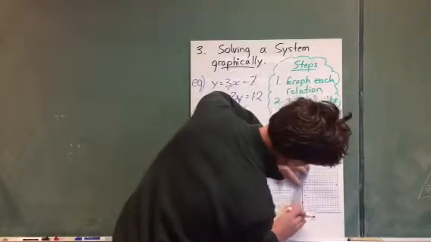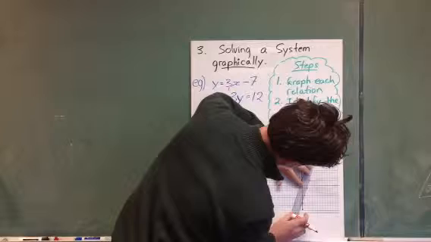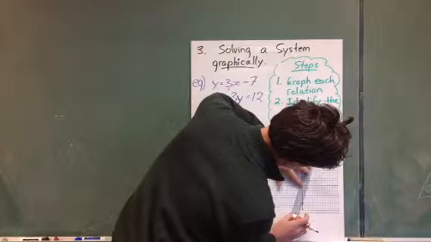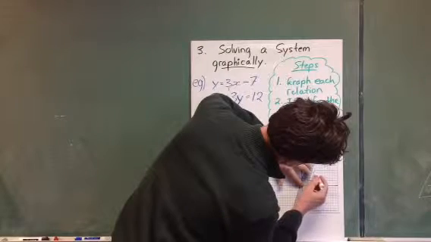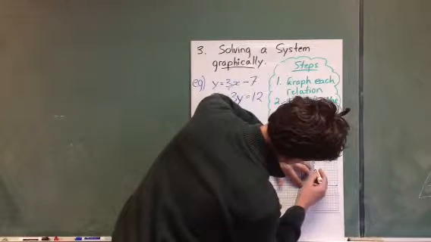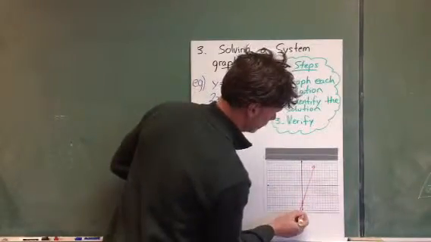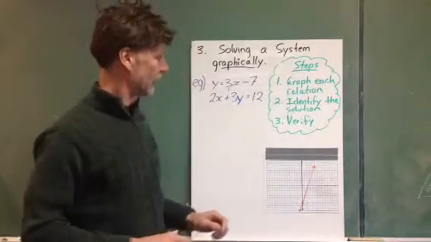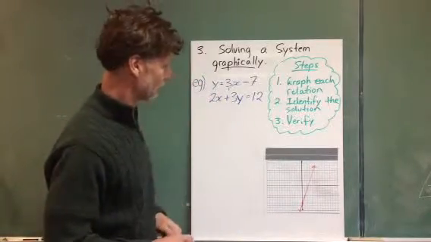So if I graph this, or join this up with a line, there it is. And again, any point along that line should satisfy that particular relation.